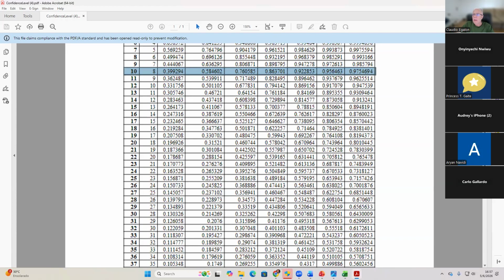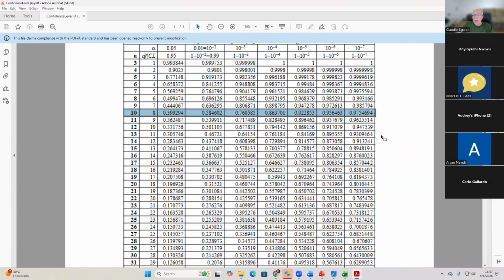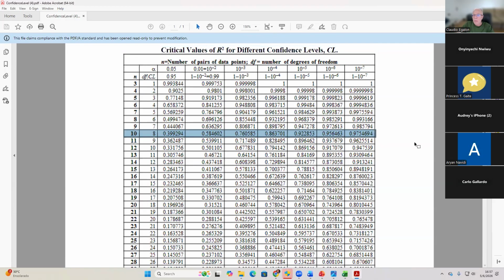This row, right? Our R square is greater than 0.97. Consequently, the lower limit of the CL is going to be 1 minus 10 to minus 7. And the upper limit is going to be 1, just like you said, right, Audrey? Yes, thank you. Welcome. 3 more minutes to go.